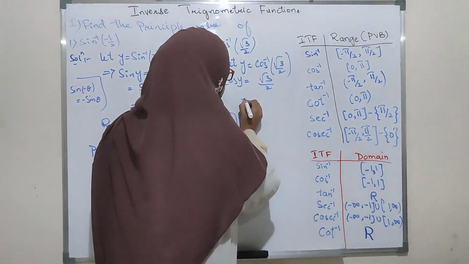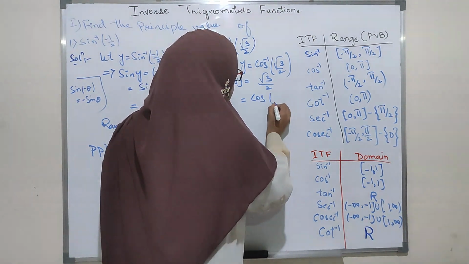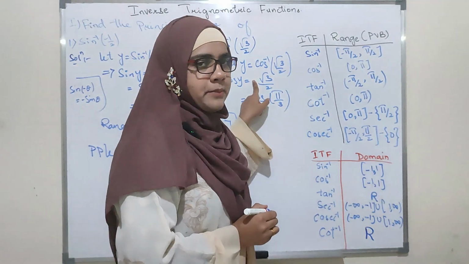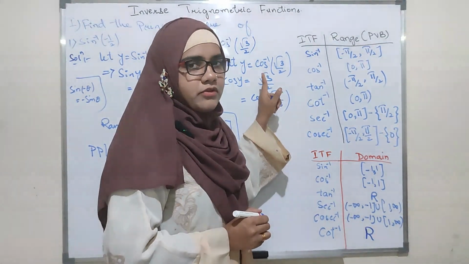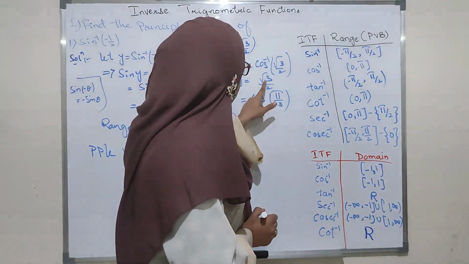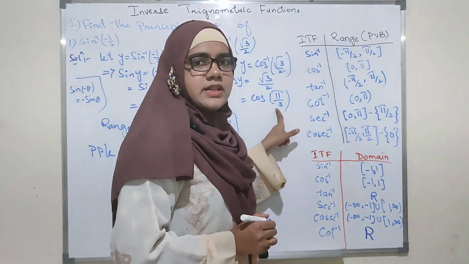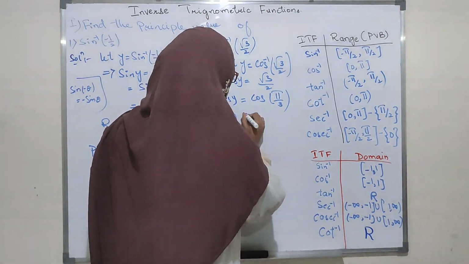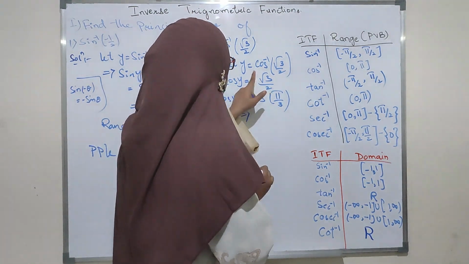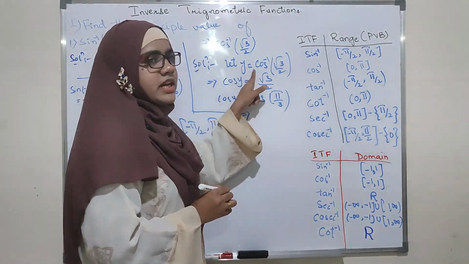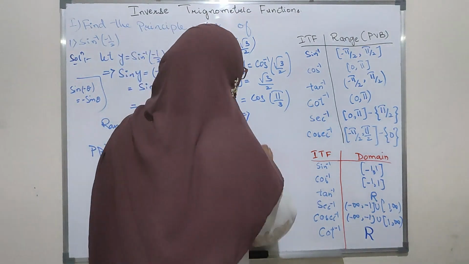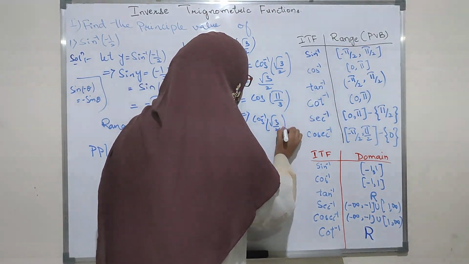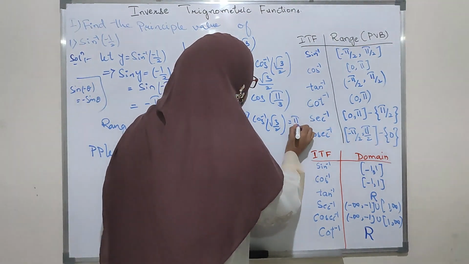We know that cos 60 is root 3 by 2, and in terms of radian it is pi by 3. So cos inverse of root 3 by 2 is pi by 3.